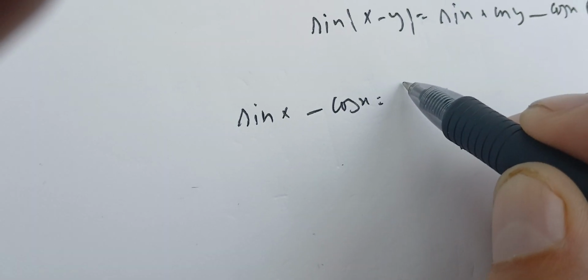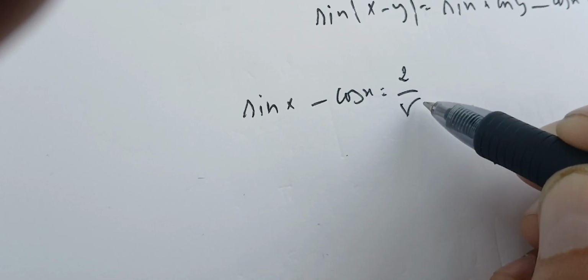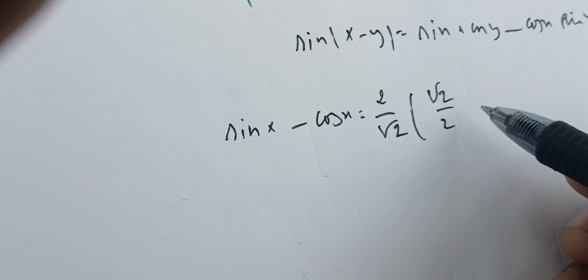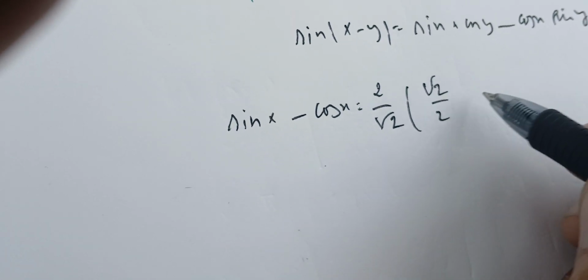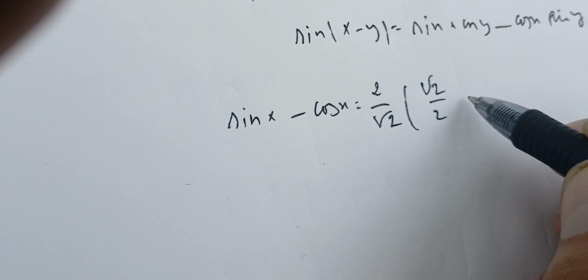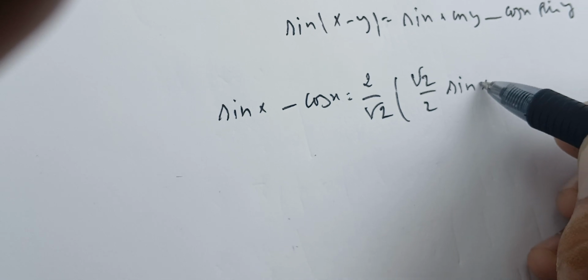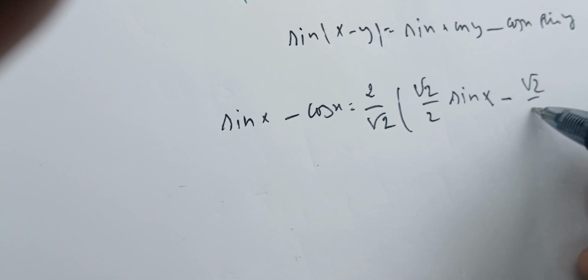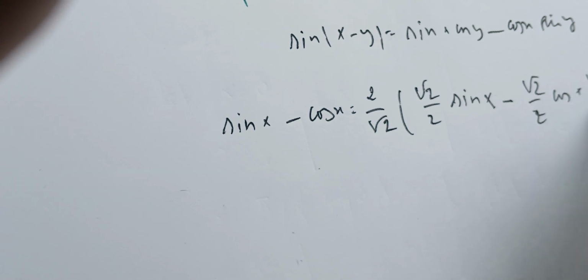If we divide and multiply by square root of 2 over 2, both sides, we're gonna get square root of 2 over 2 sine x minus square root of 2 over 2 cosine x.